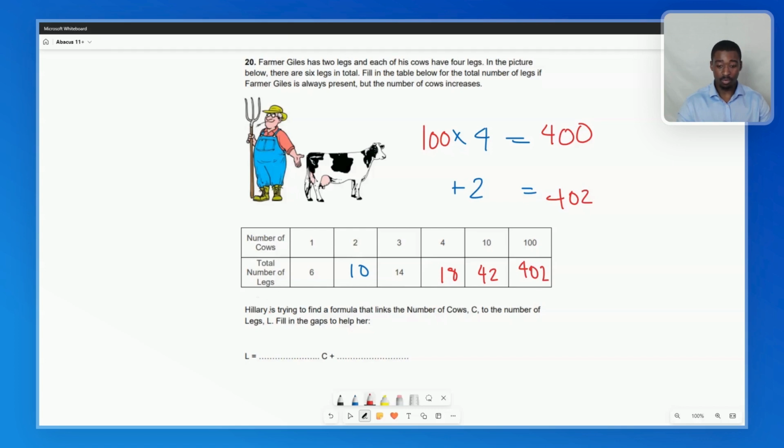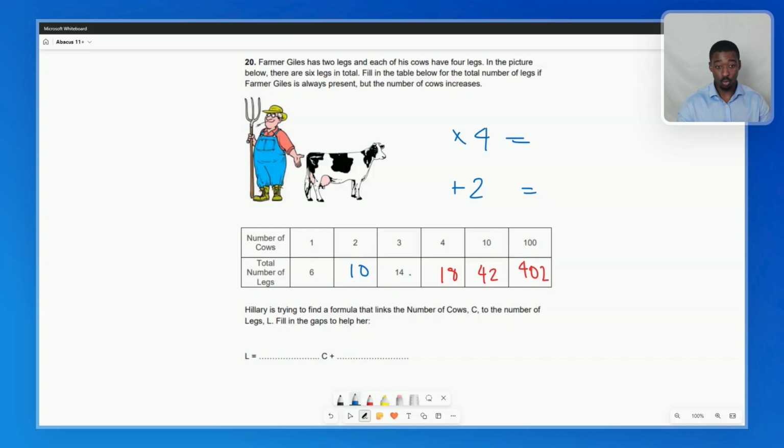We're trying to write a formula that links the number of cows, C, to the number of legs, L. Fill in the gaps to help her. So L equals something times C, number of cows, plus something. What numbers did we leave alone when we were working out the total number of legs as the number of cows changed?